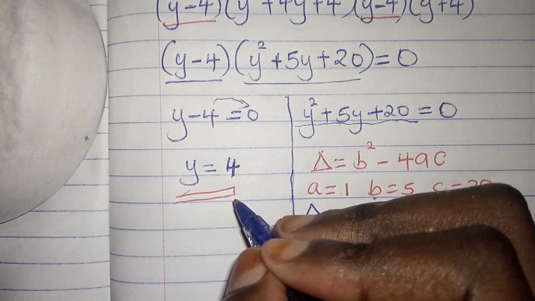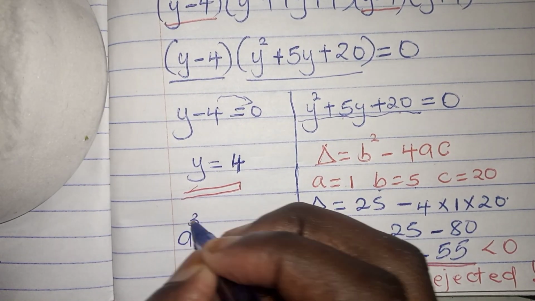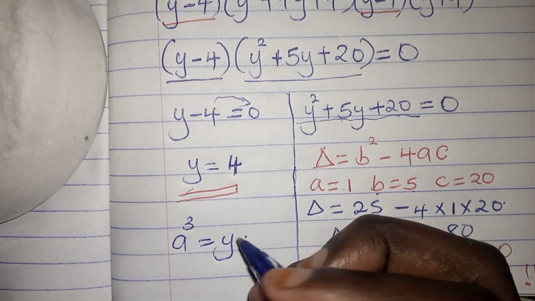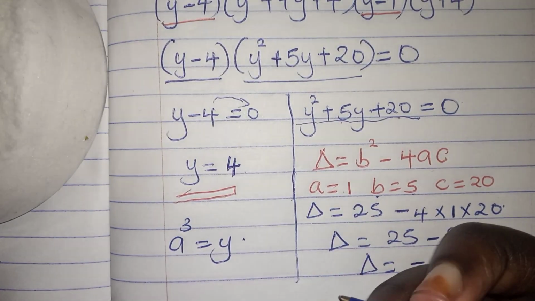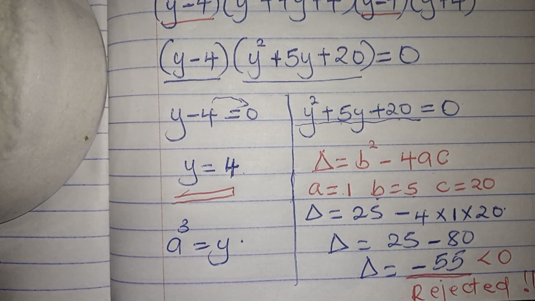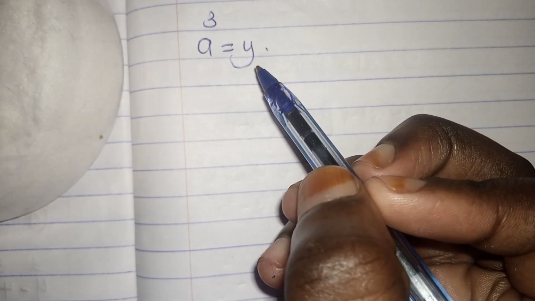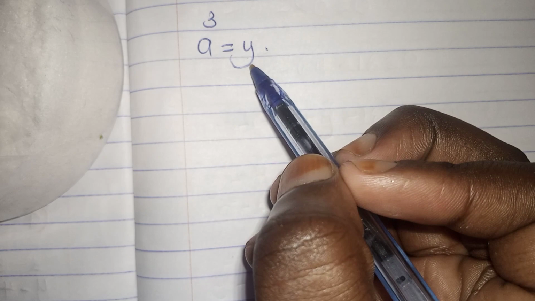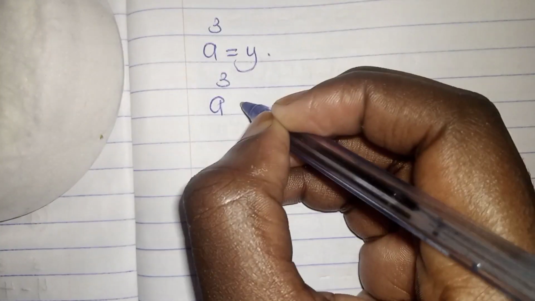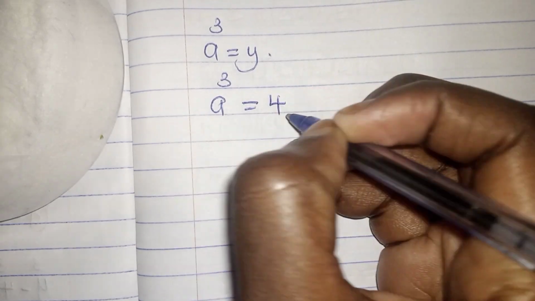Remember, we had said let a cubed be equal to y. So we have y here as 4. So let us solve for a. A cubed is equal to y, and we have the value of y as 4. So we will write a cubed is equal to 4.